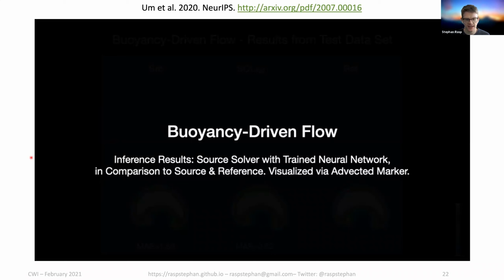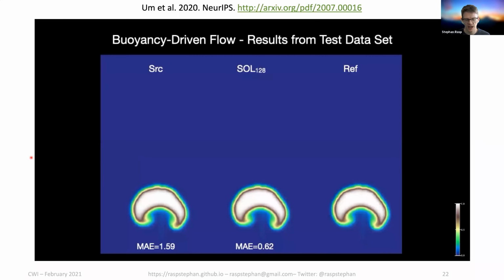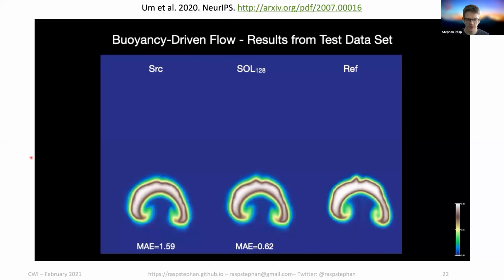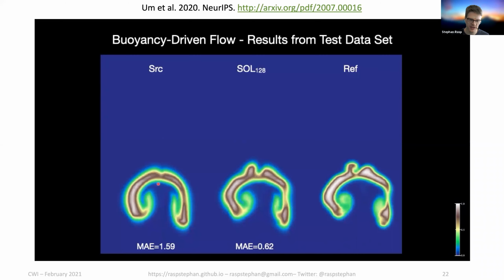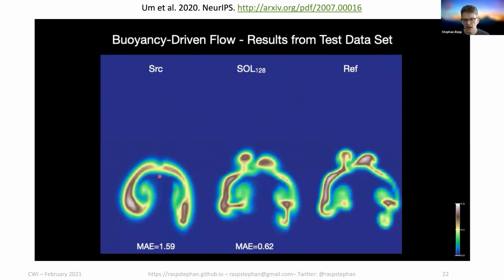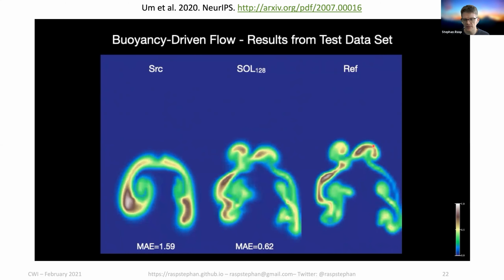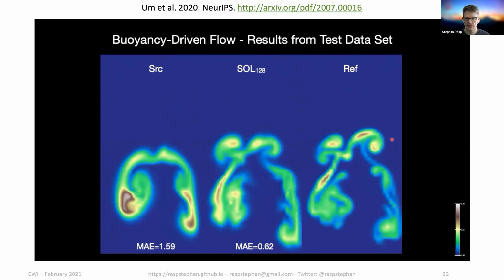So basically, this is looking at a 2D Navier-Stokes simulation with a tracer here, which represents smoke. And on the right, we can see the reference simulation. That's a high-resolution simulation. On the left, we see a low-resolution simulation. You can see that they look different.